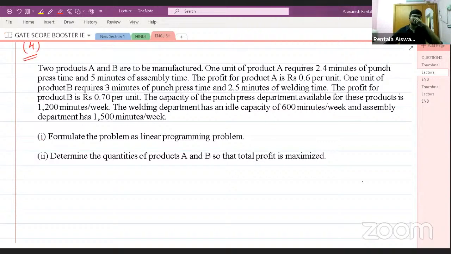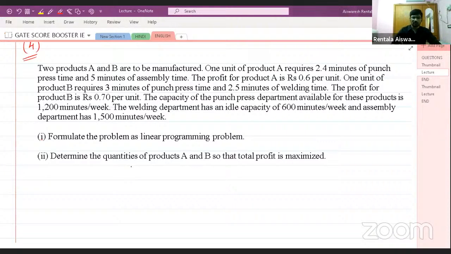What are the decision variables here? You can see there are two products, A and B. Finally you have to decide how many units of A and how many units of B to produce with the available resources such that the profit is maximum.